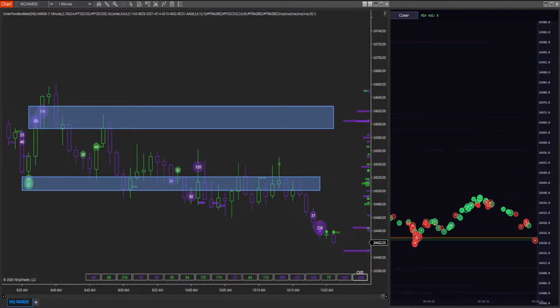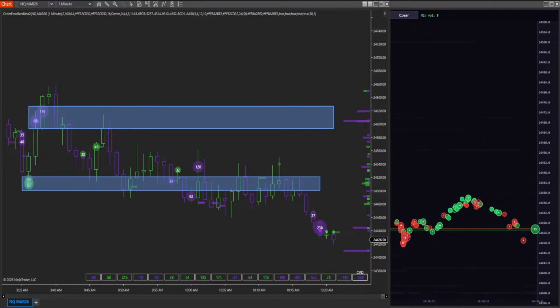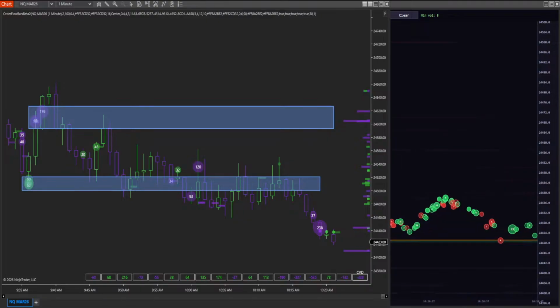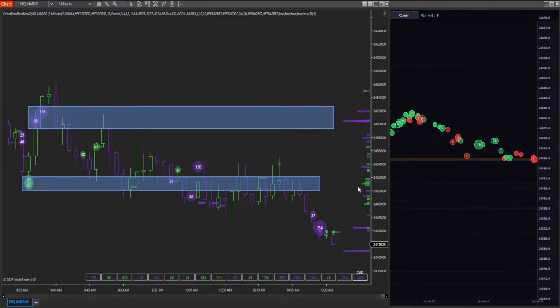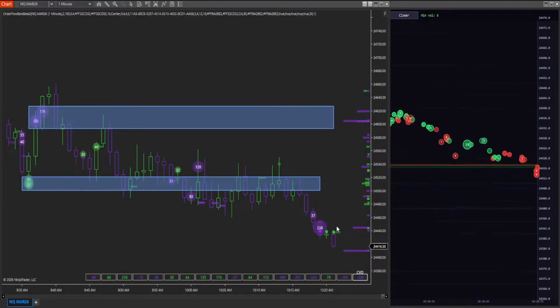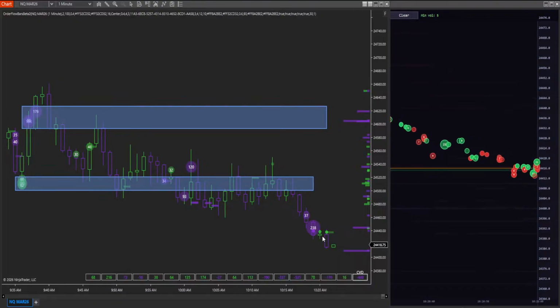You want to see large participation like that, but nothing's going on. Come on there, seller. You got persistent buy-in. You've got a trapped and balanced buy area right up here.